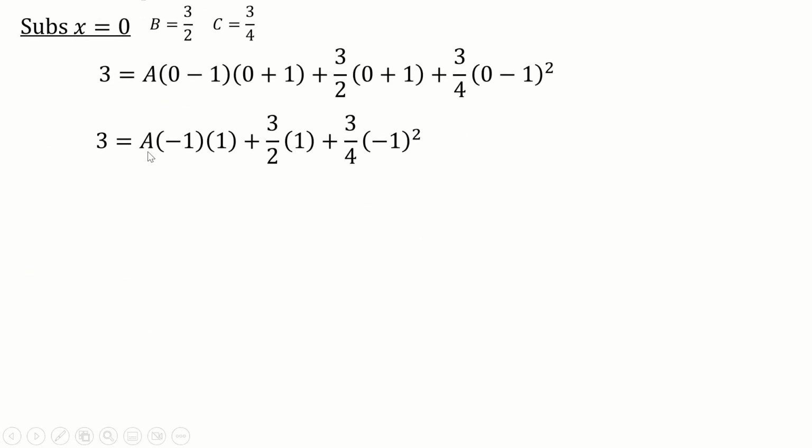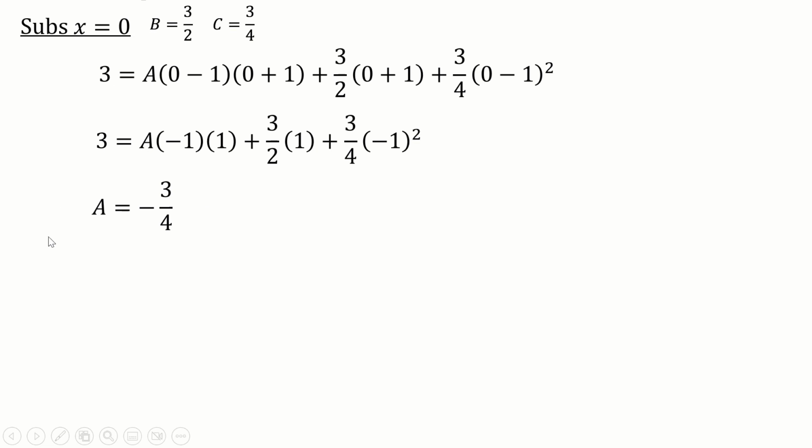So A here becomes negative A, 3 over 2 times 1 is 3 over 2, and negative 1 squared is 1, so 3 over 4 stays 3 over 4. Then we simplify: A equals negative 3 plus 3 over 2 plus 3 over 4, which gives A equals negative 3 over 4.